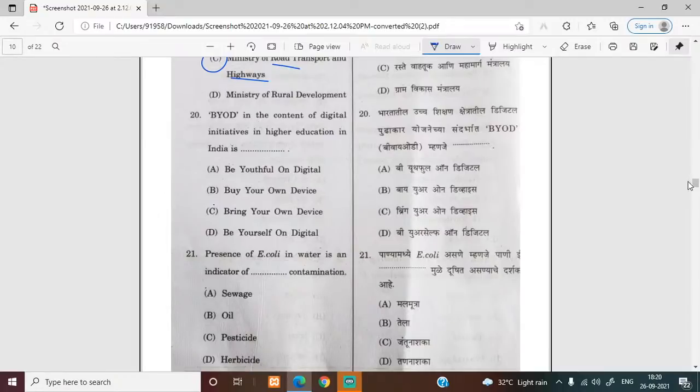BYOD in the context of digital initiatives in higher education in India is: be youthful on digital, buy your own device, bring your own device, or be yourself on digital. The right answer to this question is option C, bring your own device. It's an IT policy that allows and sometimes encourages employees to access enterprise data and systems using personal mobile devices.